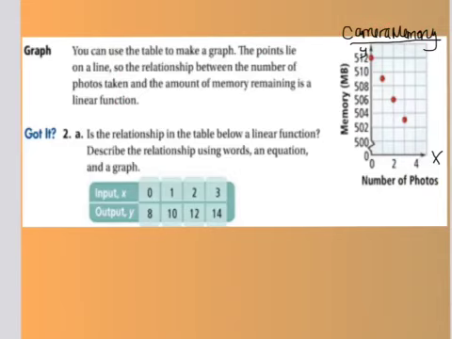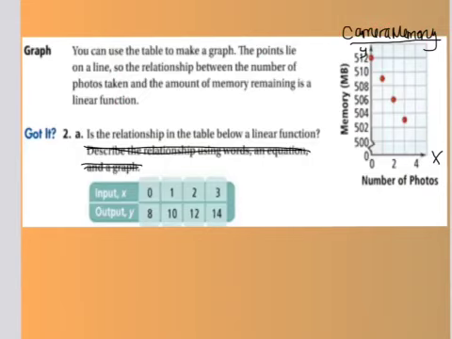Now let's look at the next example. So it's asking if the relationship in the table is a linear function, and to describe it using words, an equation, and a graph. Just for future reference, we're going to just tell whether or not it's a linear function. We're not going to graph this as well. So is the relationship on the table below a linear function?